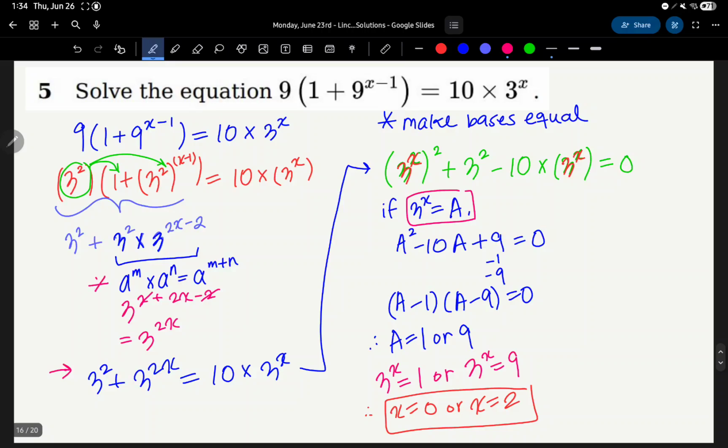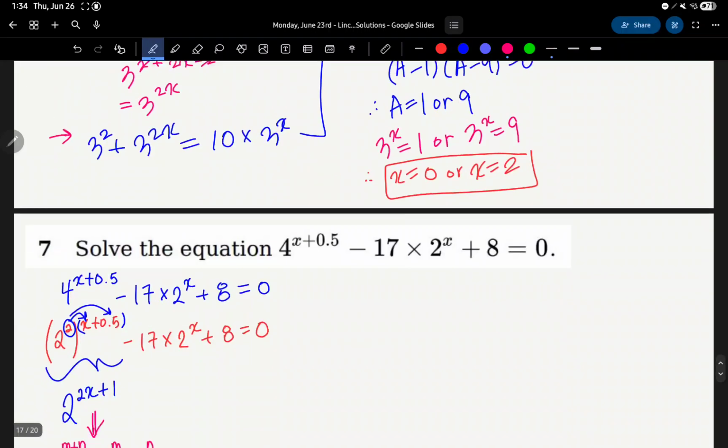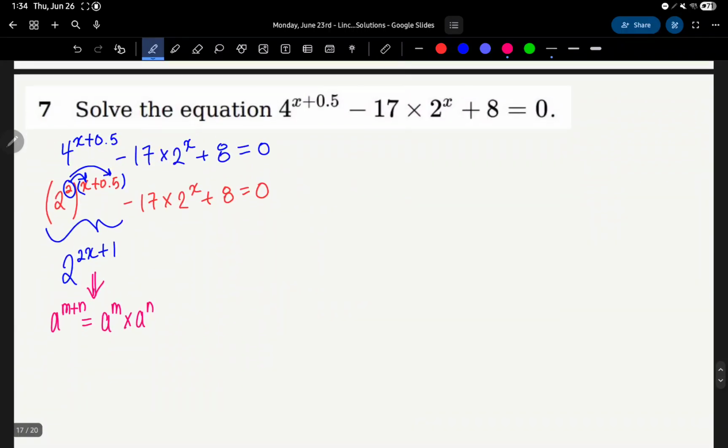Remember? We used this in this law. We're going to use it the opposite way. So you notice how it's a to the m plus n type of structure right here. So we can separate them into 2 to the power of 2x times 2 to the power of 1. Exactly. So that's how we're going to write it down.